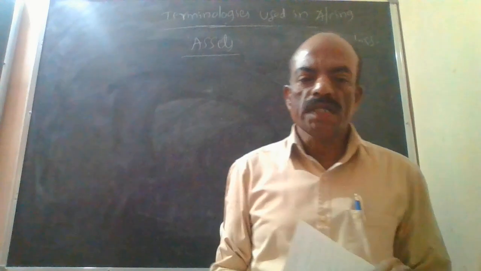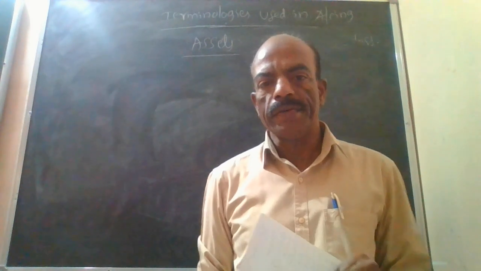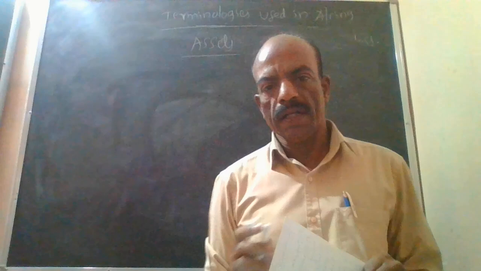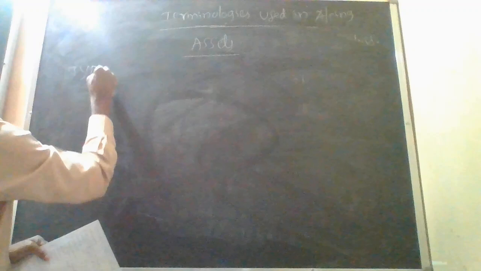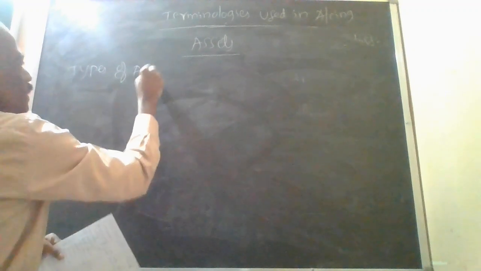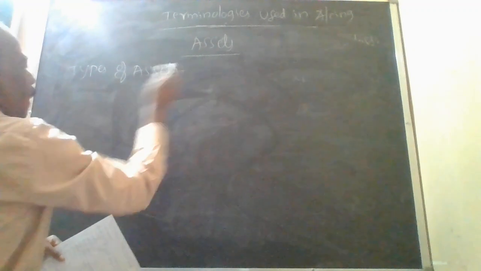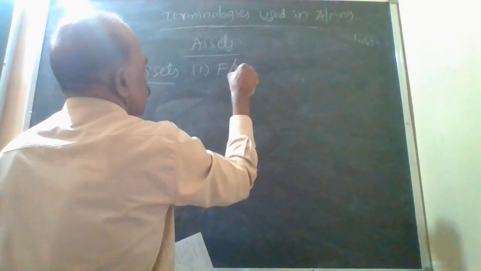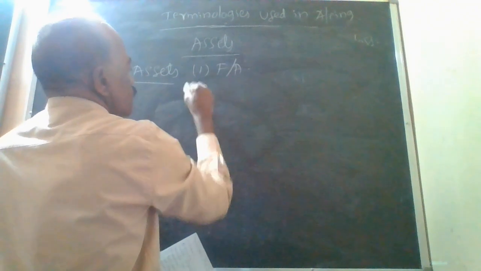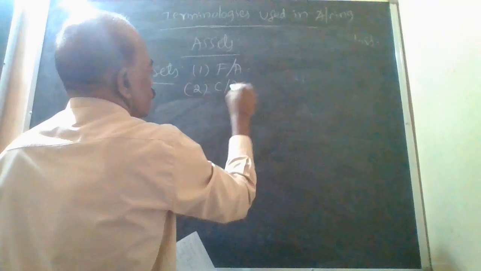So assets are broadly classified into three categories. So the first one is types of assets. First one is the fixed assets. Second one is the current assets.